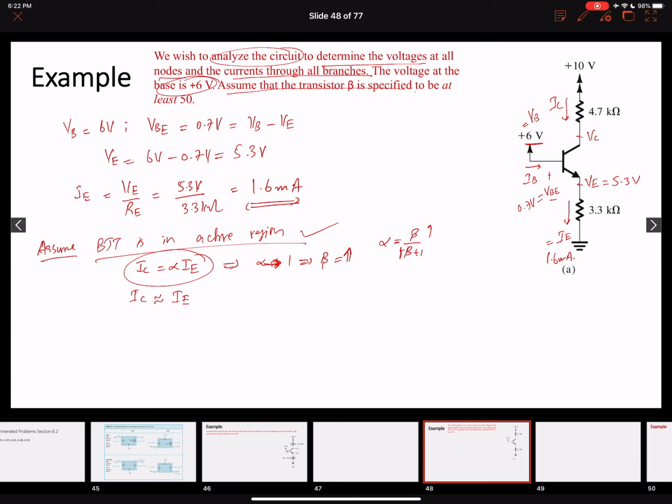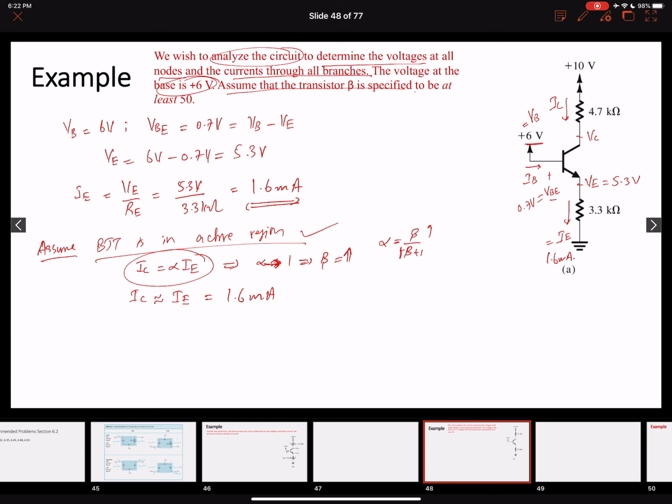And we are going to see if our assumption that the BJT is in the active mode is valid or not. And then we're going to find the exact values too. Over here our collector current is approximately equal to the emitter current. The emitter current is 1.6 milliamperes, so our collector current is also 1.6 milliamperes.